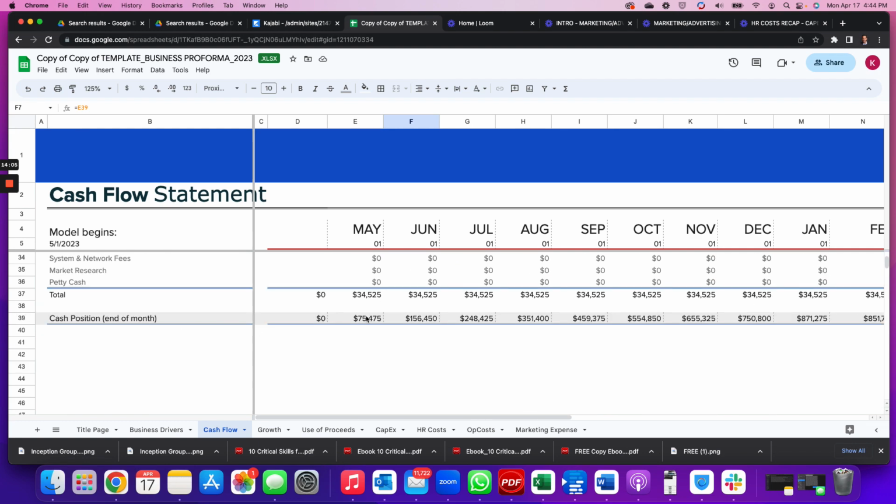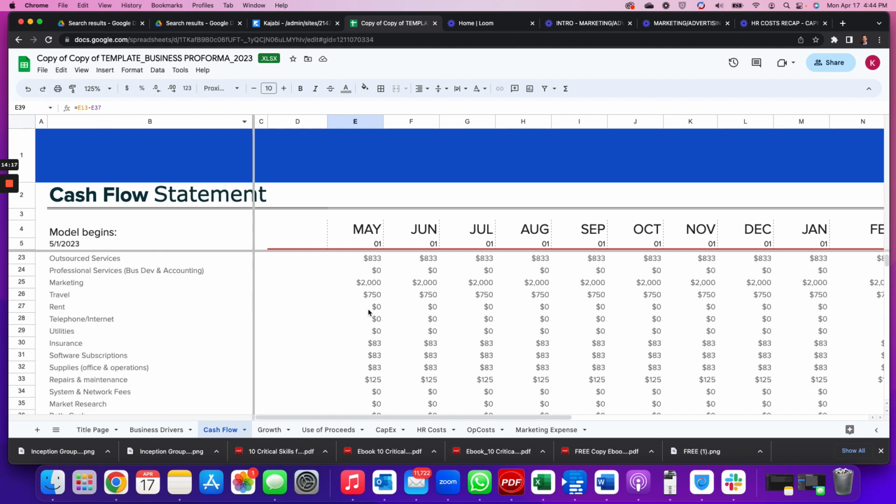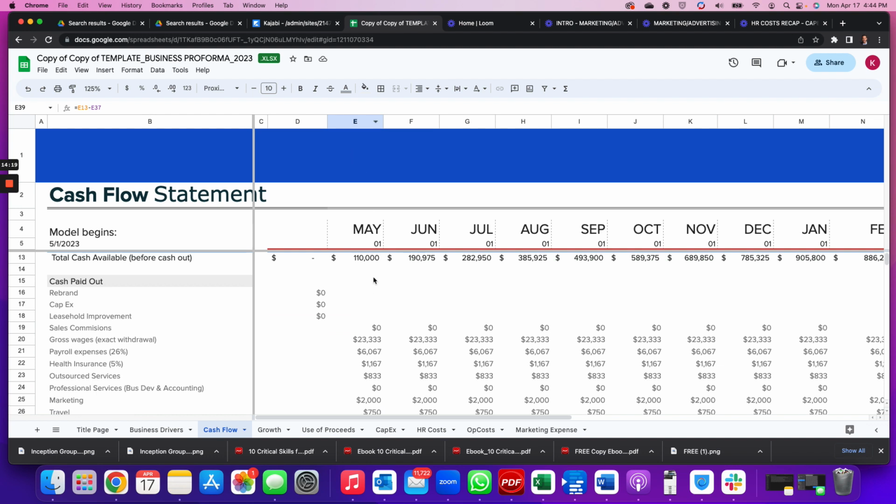E39, there it is right there. And that is the summation of E13 less E37. So where did that come from? So let's find it. E13, right there.